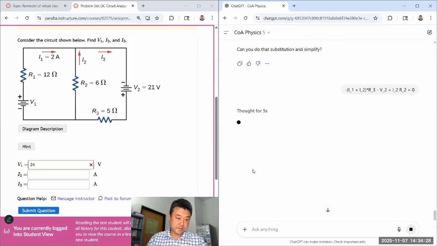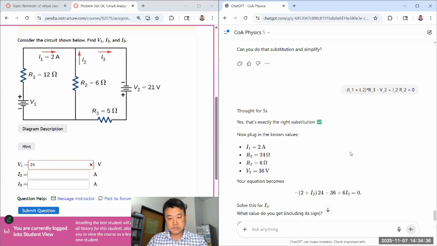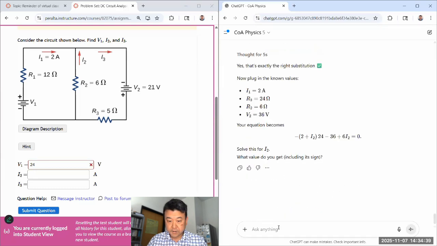Now the problem is, with that sign error, I don't think any of these values will end up being right. But I think I can at least get as far as solving for I2, so let me see if I can do this in my head.